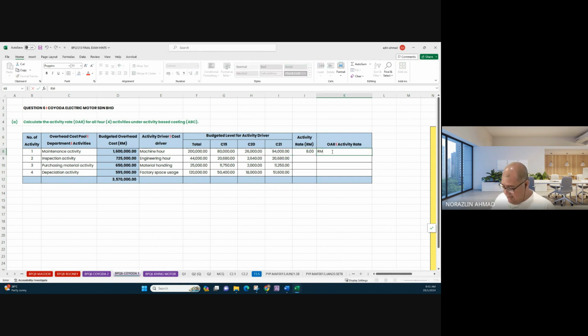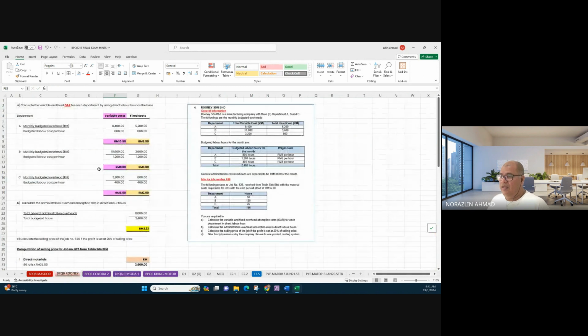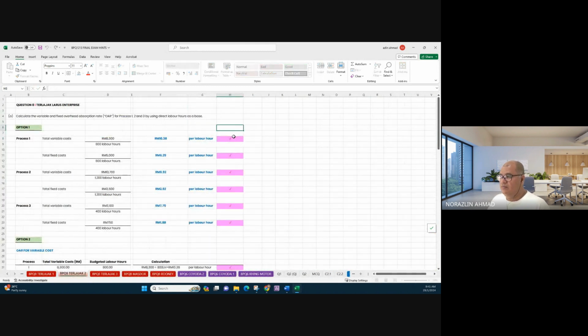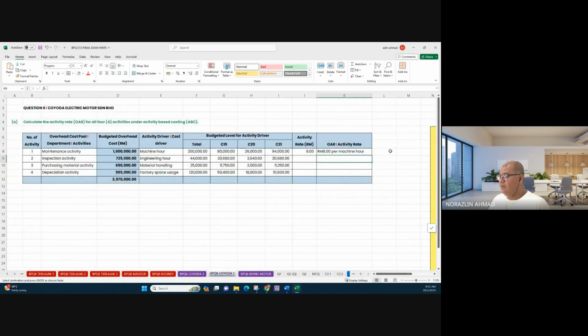So you can calculate RM 8 per machine hour. Okay, you can get one mark. Okay, this one you calculate the rest.